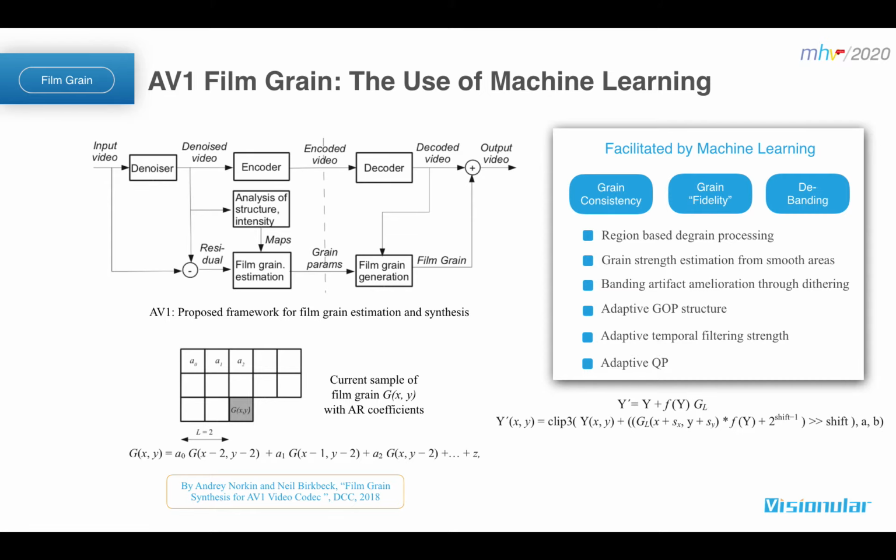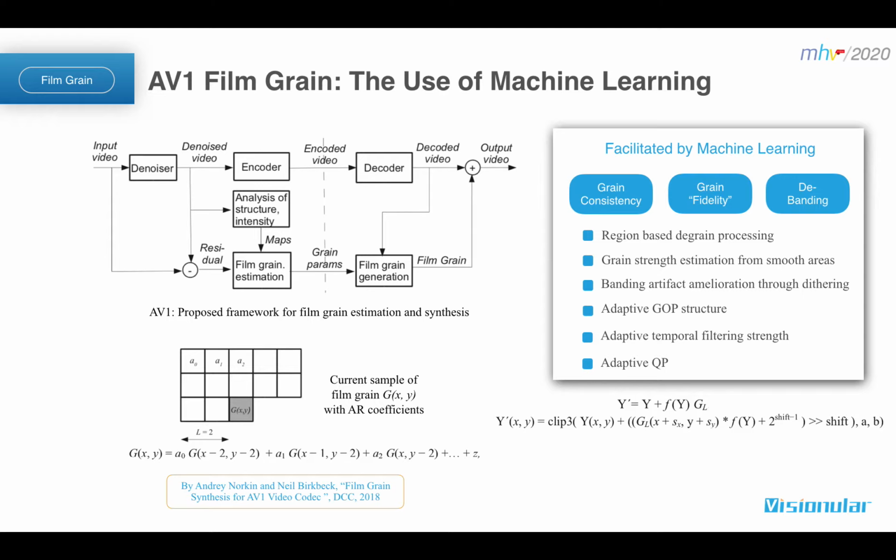To better leverage film grain is quite challenging, because in AV1 the film grain tool is implemented through autoregression, and there's a limited number of autoregression coefficients we can play with. And the degrain process is basically a denoising process. Together with that, after the encoder, we many times end up with banding artifacts.